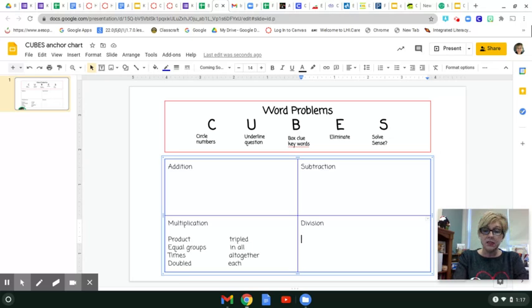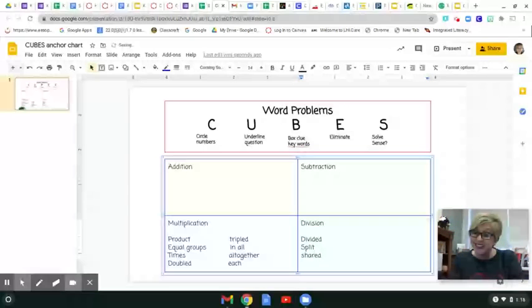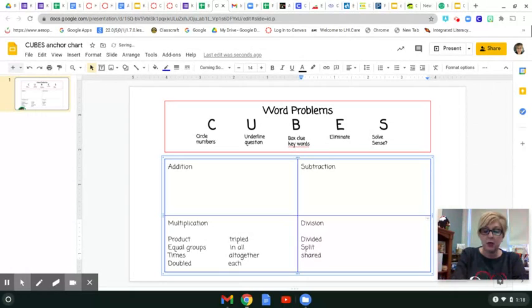If you see the word divided, obviously, if they use that word in the story problem, you're going to have a large group of something that's divided out. Also the words split or shared. Those are also words that signify that you're dividing something into groups.